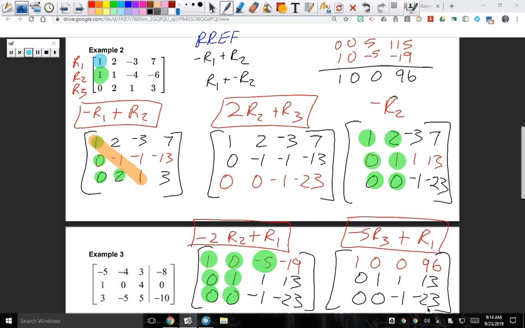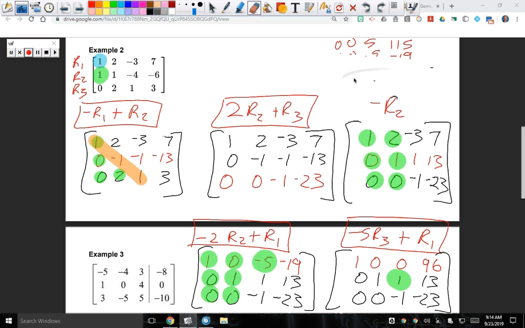We just need to change 2 more things. This 1 and this negative 1. That's it. Okay? So let's do it in the progression that we're supposed to. I want to make this 1 way down here into what number? 0.